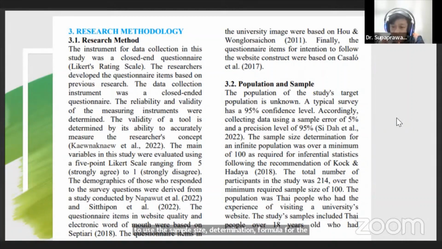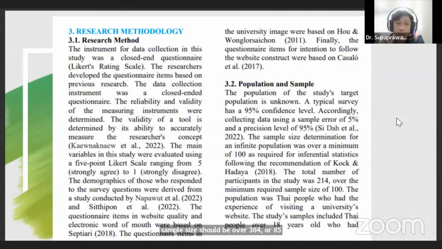And if you adopt a sample size lower than 400, it's better to adopt the sample size determination for the indefinite. The number of the sample size should be over 384 or 385.